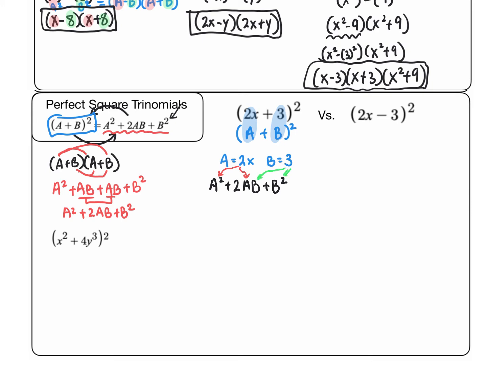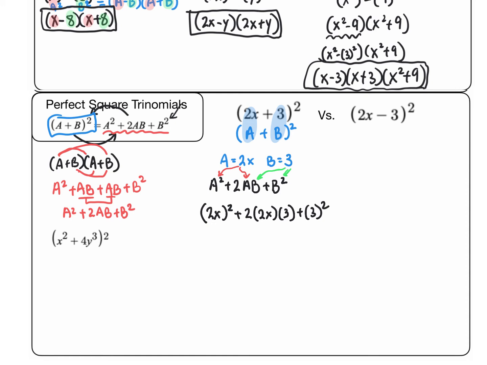So let me do that. Parentheses are important: (2x) squared plus 2 times 2x times 3 plus 3 squared.